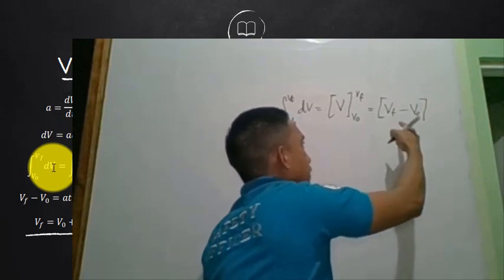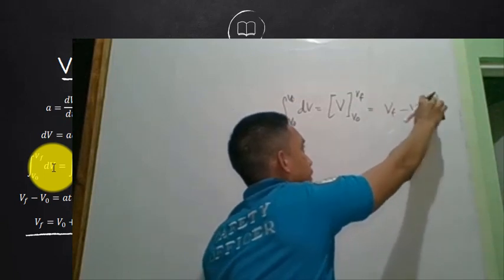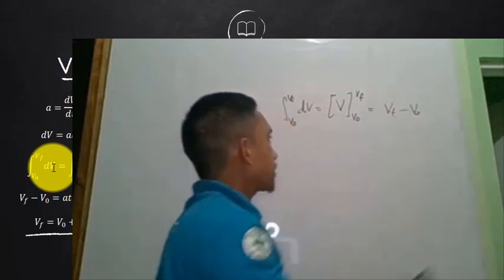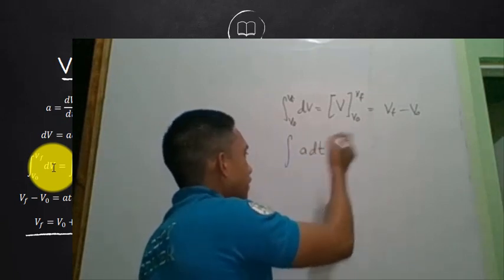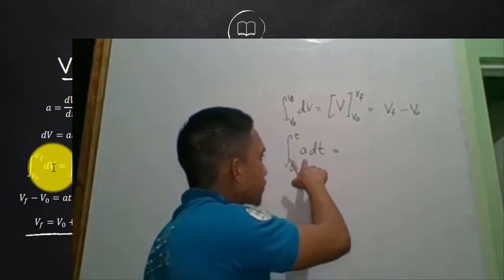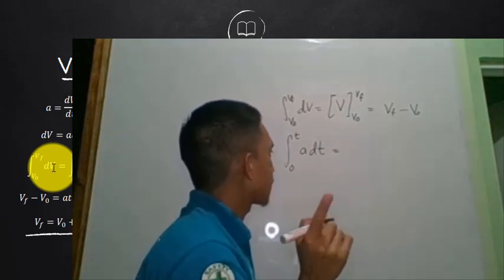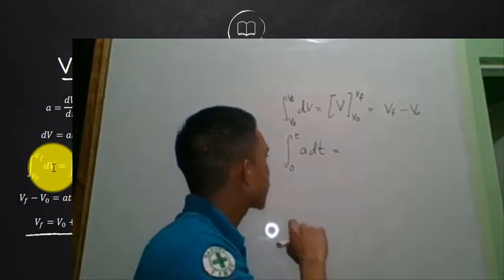That's why we ended up with this equation here on the left side of that equation. And on the right side, you are integrating your a dt, from time 0 to time t. So the same. Let's consider a there to be constant, since that is not changing, isn't it? Or actually that is 0, but later on we will deal with that.